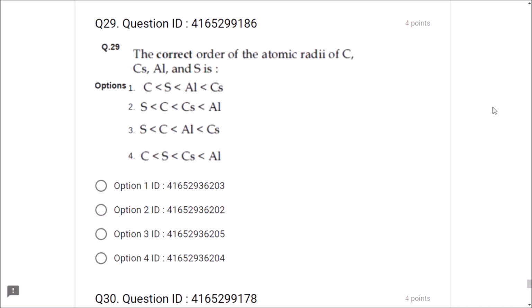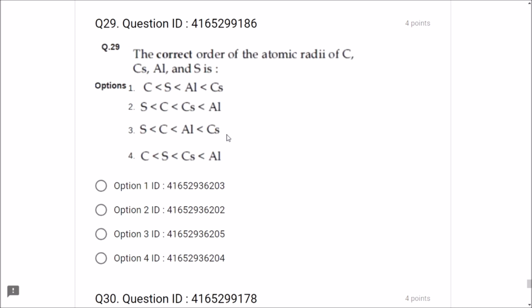This is the thumb rule, right? Which is bigger in size among all these? Cesium is bigger in size. Among the four options, two options show cesium as the largest.